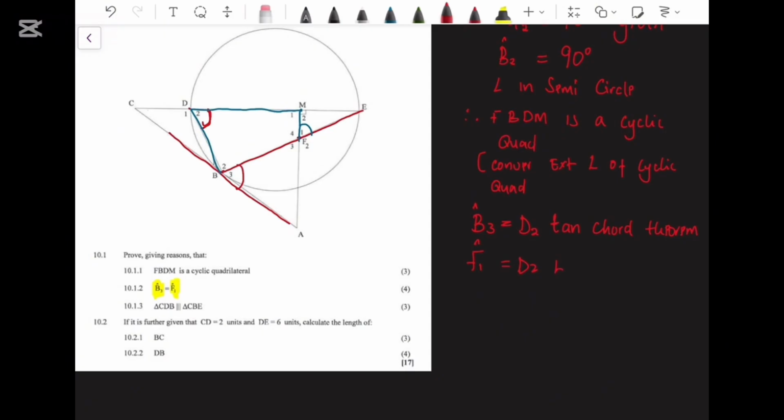That is the exterior angle of a cyclic quad. Now we can conclude and say, therefore, B3 is equal to F1 because they are both equal to D2.